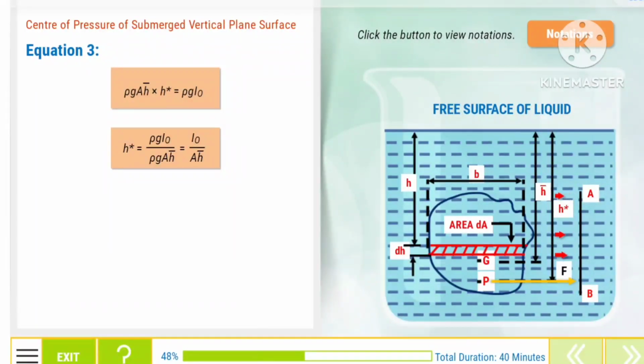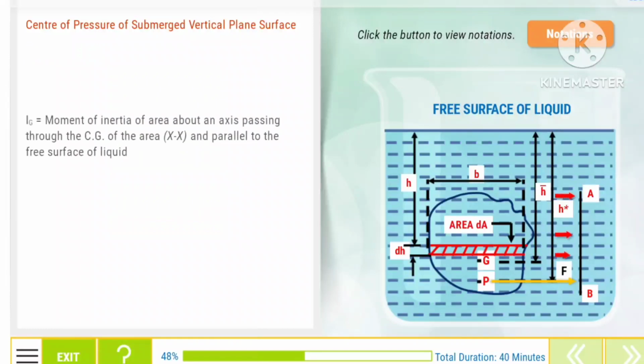By the theorem of parallel axis, we have I naught is equal to Ig plus A into h bar squared. In the equation, Ig is equal to the moment of inertia of the area about an axis passing through the center of gravity of the area x dash x and parallel to the free surface of the liquid.